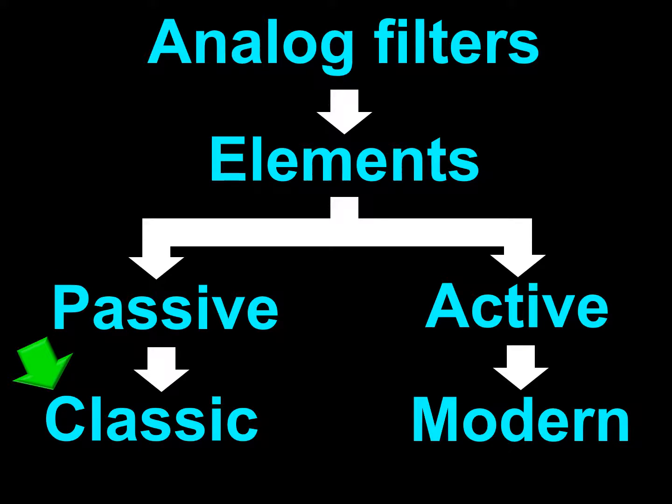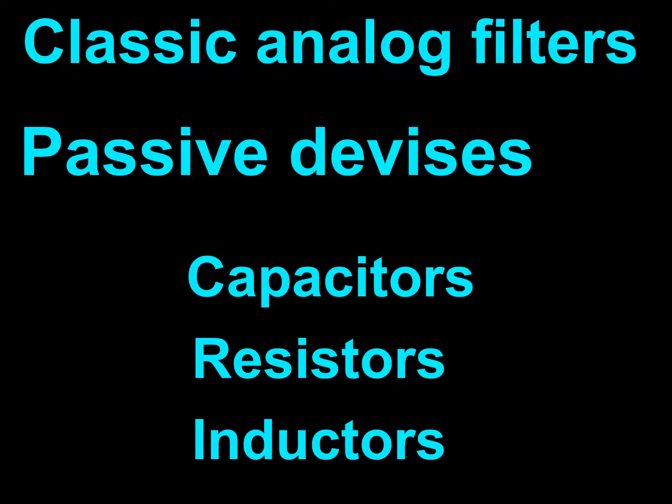Analog filters made of such elements are called classical analog filters. Classical analog filters are, as I just told you, made of passive elements such as capacitors, resistors, and inductors.